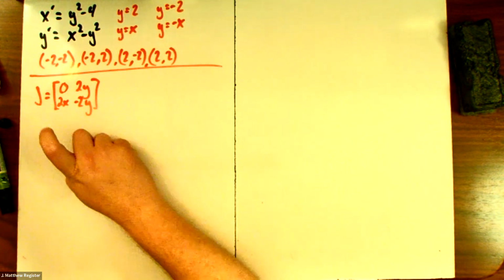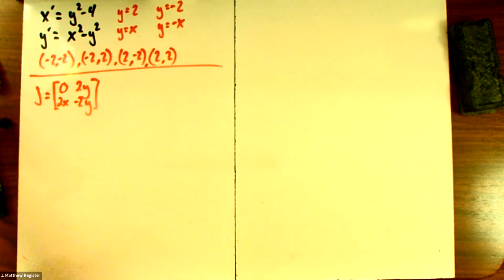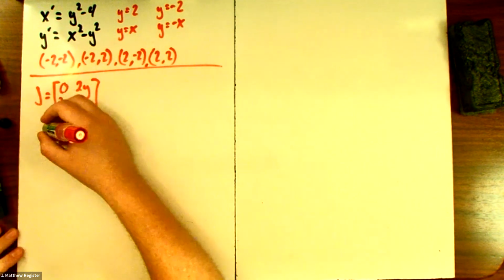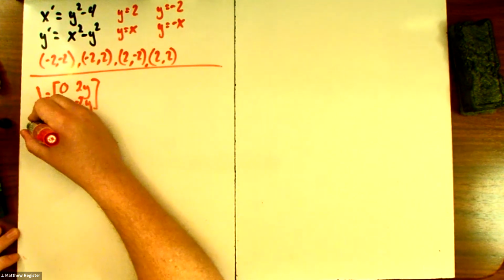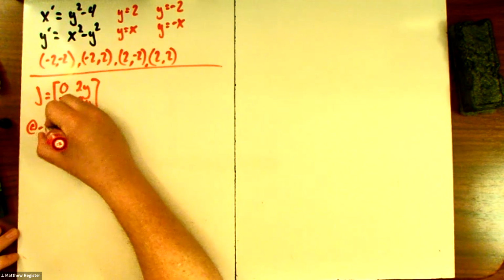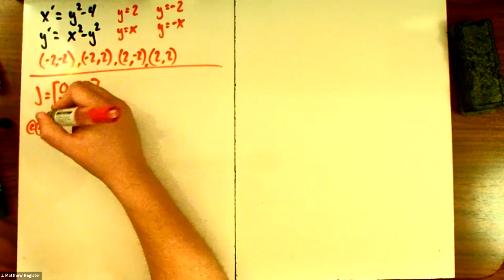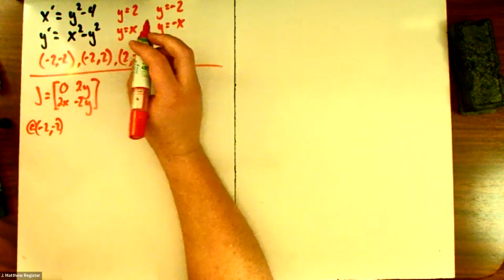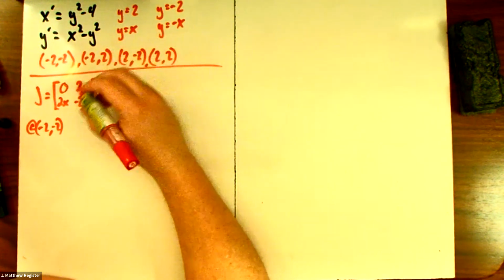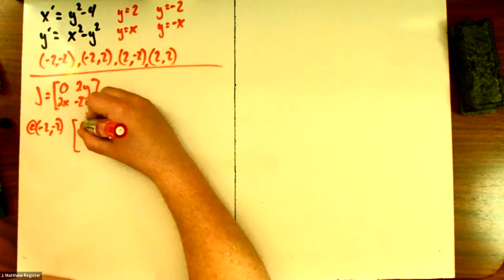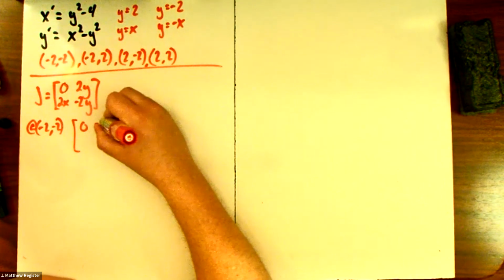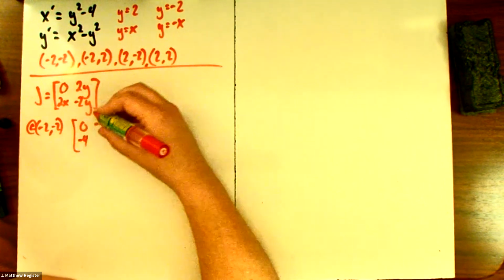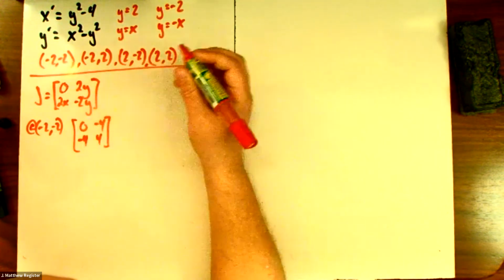Yes. And so let's try this one now. And so we need to evaluate the Jacobian at all of the points. And so at negative 2, negative 2, we are going to be having, let's see, the Jacobian will be 0. It'll be negative 4, negative 4, positive 4.